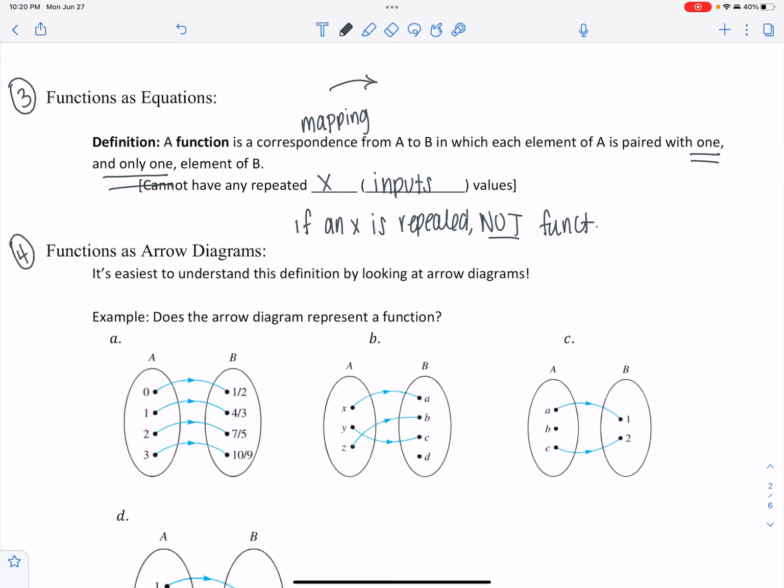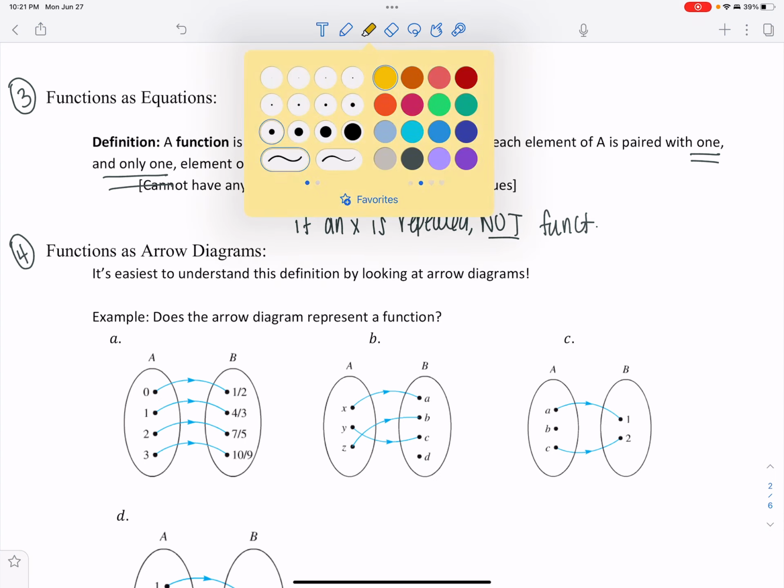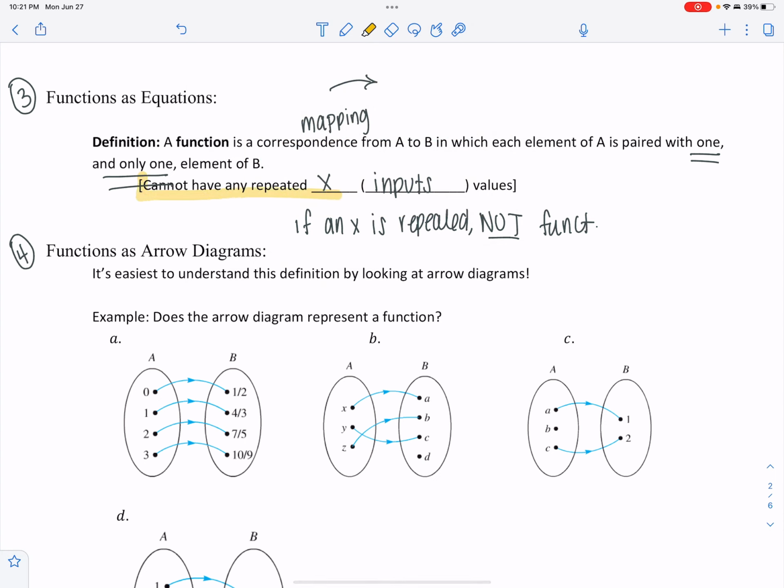We're going to use these arrow diagrams to see if these things are functions. Does the arrow diagram represent a function? Remember, in order to represent a function, you have to have no repeated x values. This is something that I would definitely highlight and commit to memory. You will need this on the test for sure.